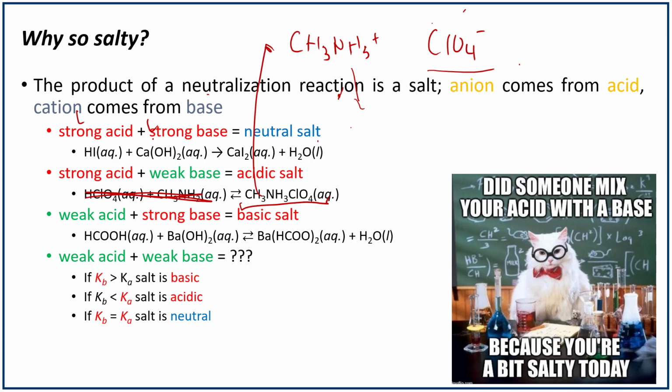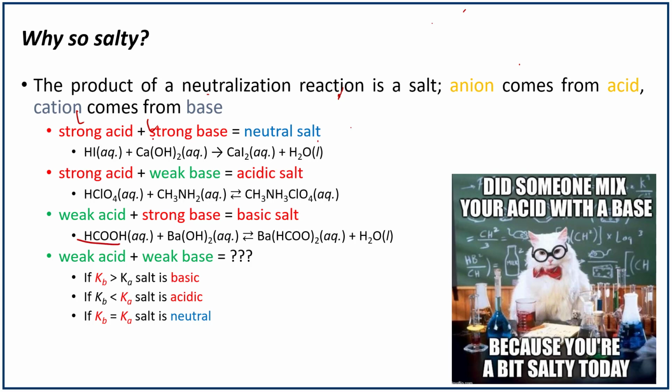And then lastly, at least for these three examples, you have a weak acid plus a strong base, which forms a basic salt. Let's say for this example, you have barium formate. This is from formic acid. The structure of barium formate is from barium ions and the formate ion, HCOO-.